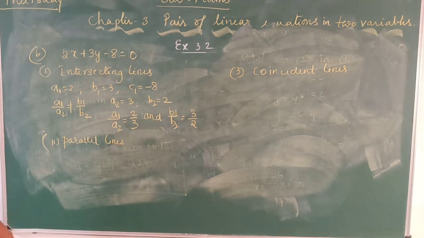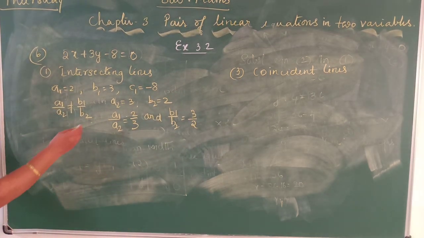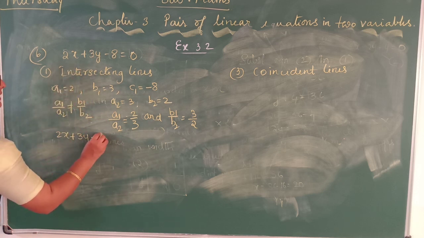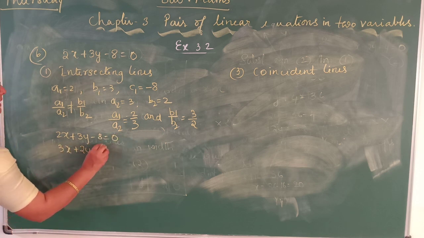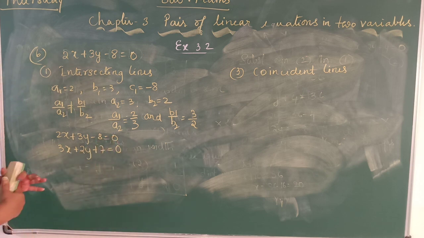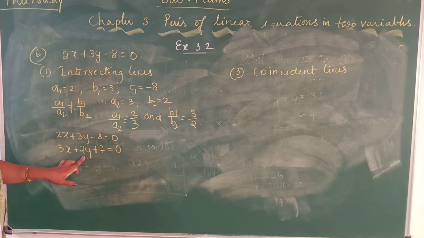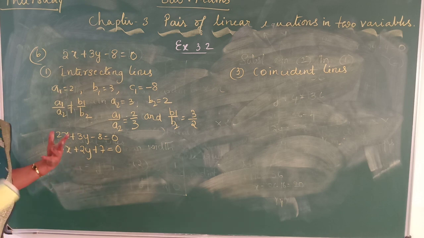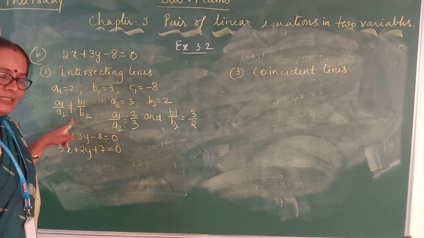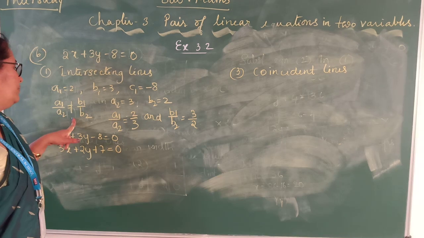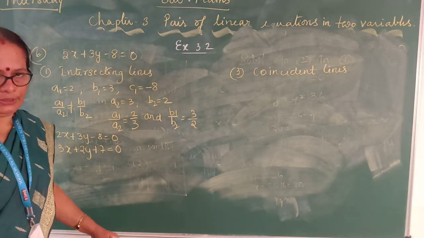So you can frame an equation: the given 2x plus 3y minus 8 equals 0, then 3x plus 2y plus 7 equals 0. Any equation you can write. A1 by A2 is 2 by 3 and B1 by B2 is 3 by 2. They are not equal. So you can write this equation, or any other equation of your own, but it should satisfy the condition A1 by A2 not equal to B1 by B2.